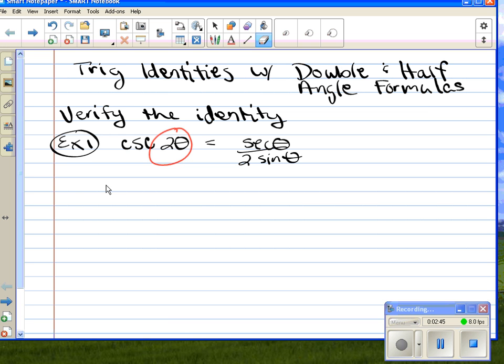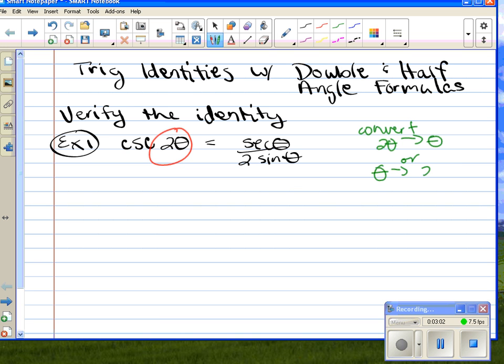So in order to do anything with this problem, I have 2 choices. I need to convert either 2 theta to theta, or theta to 2 theta. Somehow I've got to get them all using the same angle.